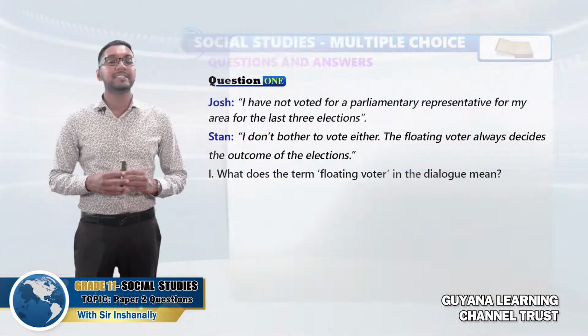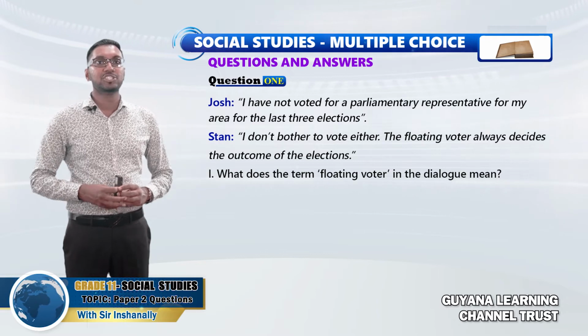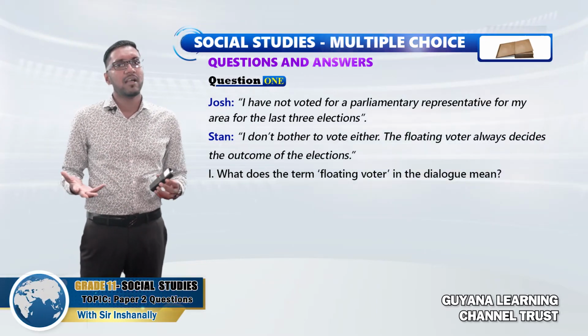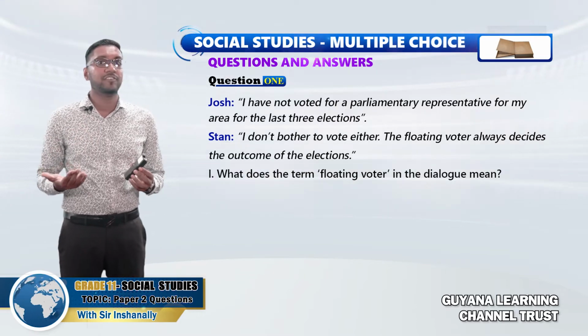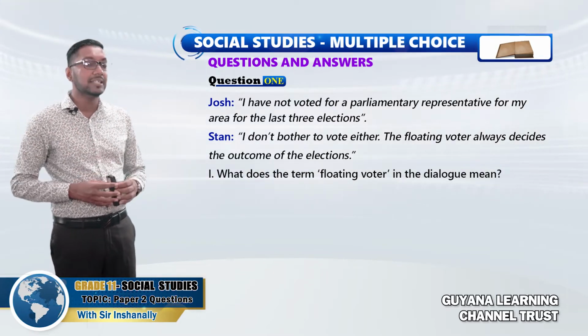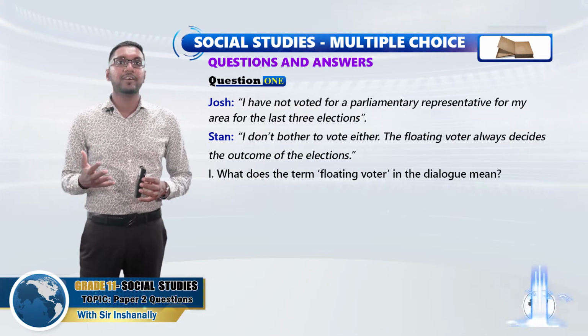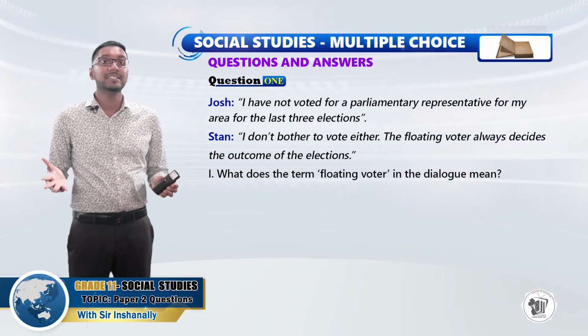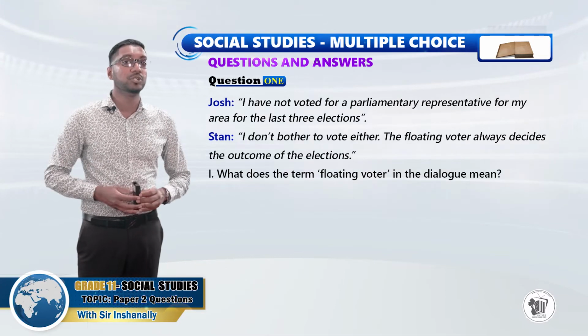We have a scenario, a conversation between Josh and Stan. Josh says, I have not voted for a parliamentary representative for my area for the last 3 elections. Stan says, I don't bother to vote either.